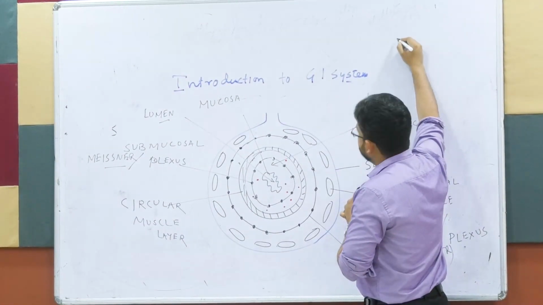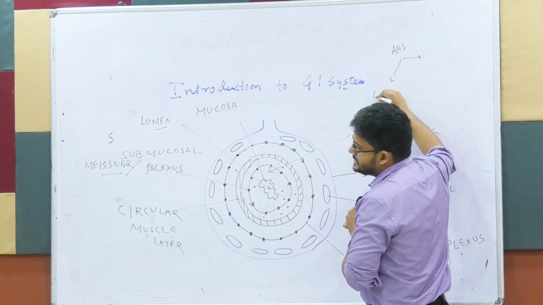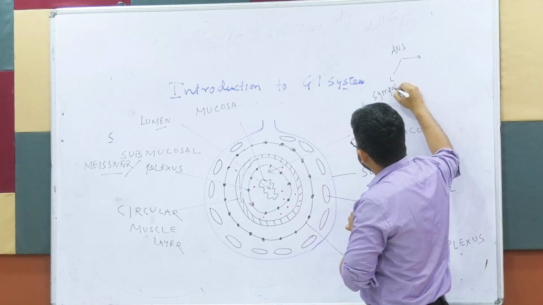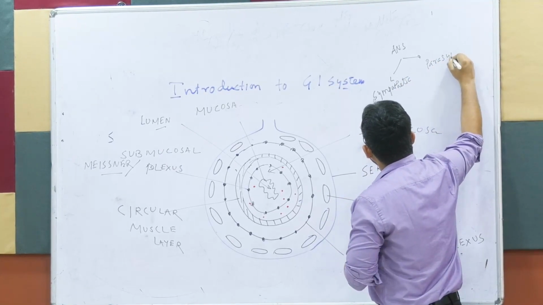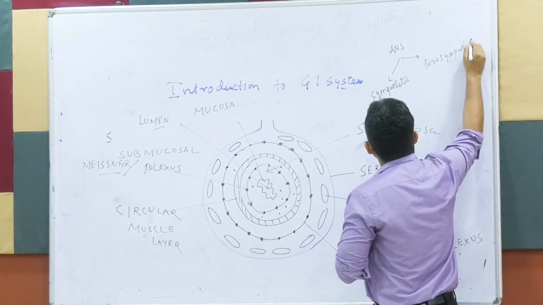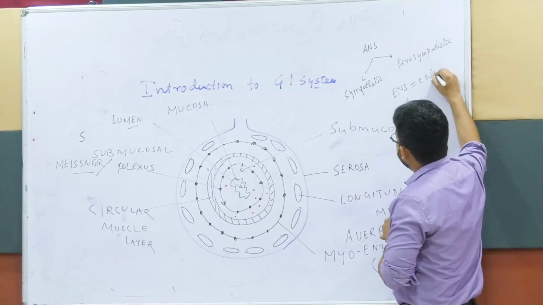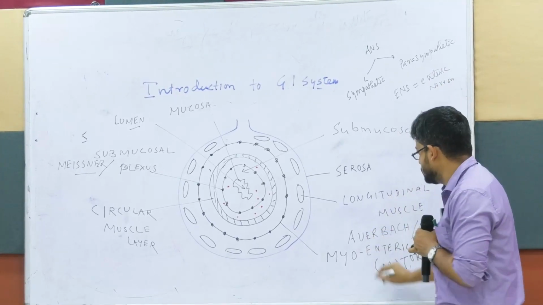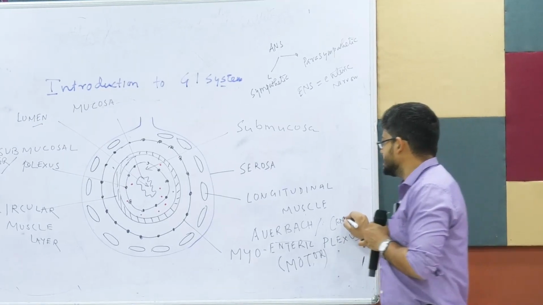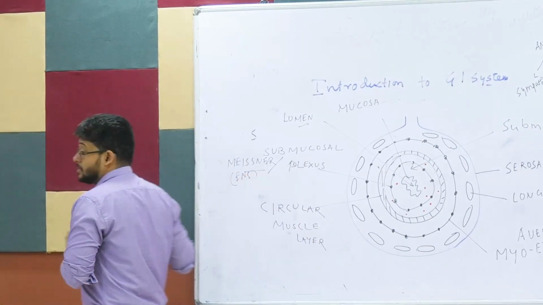Coming to the supply of the GI system, the nerve supply: the ANS is divided into two parts, sympathetic and parasympathetic, and we also have the ENS. ENS is the enteric nervous system, and the enteric nervous system is actually these two: Auerbach plexus is a part of the ENS, and Meissner plexus, as I mentioned a while ago, is a part of the ENS.